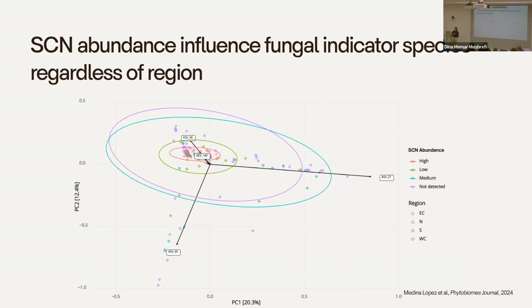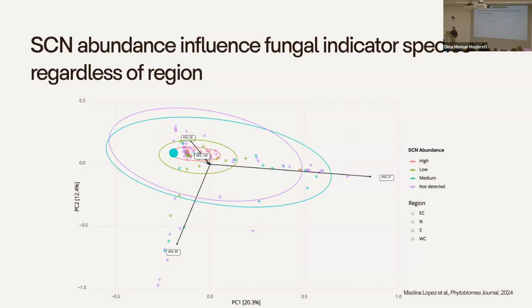And what we found is that regardless of the region, you would see some of those species popping up depending on the soybean cyst nematode abundance within that sample. In this case, we saw that if you had high levels of soybean cyst nematode abundance, then you would start to see a higher number of those indicator species being the same.